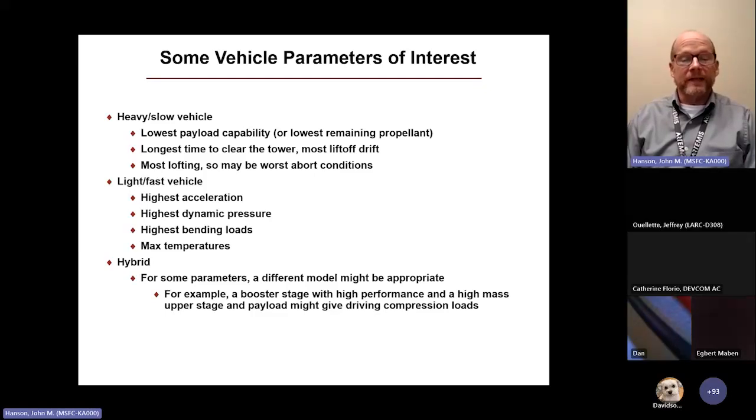For instance, a booster that is high performance, but with a high mass on top of it, might be the maximum compression loads. So we want vehicle models that represent our design uncertainties about what vehicle we might actually end up with, that represent these kinds of variations.